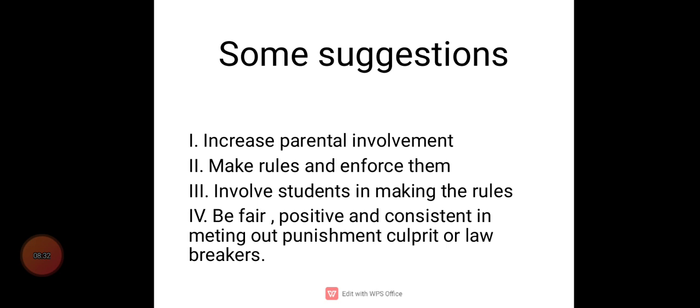Then the next one, we should be fair, positive and consistent in meting out punishment. When two people offend and the one in charge of meting out this punishment, the person should not be biased. The person should go strictly to the punishment allocated for that offense and make sure these culprits face it just as it is stated.